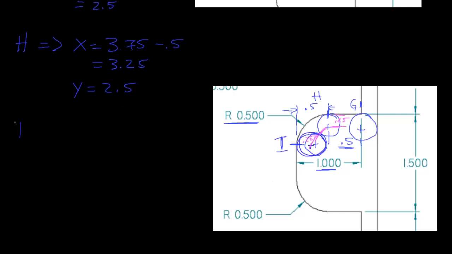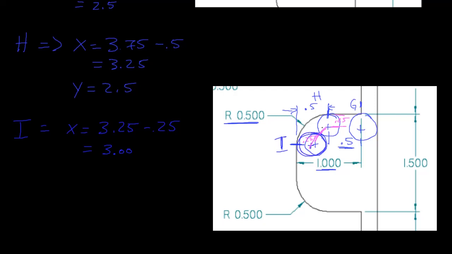Okay, so I is going to move down from the previous x position, 3.25. It's going to move a quarter of an inch. So that's going to end up at x is equal to 3 inches.